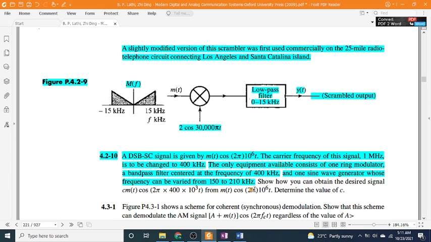Show how you can obtain the desired signal Cm(t) cos(2π × 400 × 10^3 t) from m(t) cos(2π × 10^6 t). Determine the value of C.